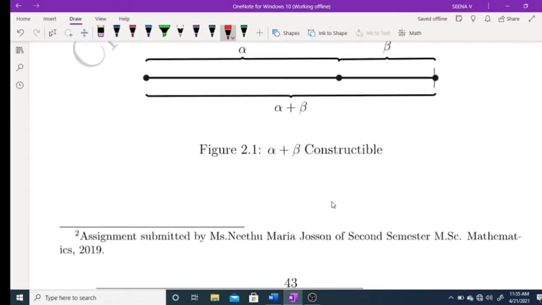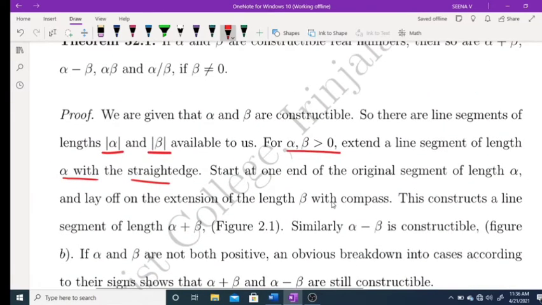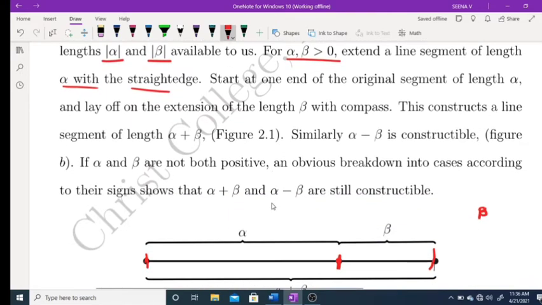Here we have the length alpha, which is constructible. Then we take length beta in the compass, put the compass needle here, and draw. So this entire segment is of length alpha plus beta. This constructs a line segment of length alpha plus beta.